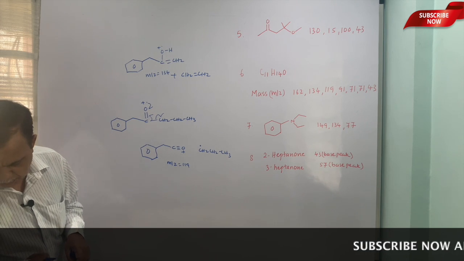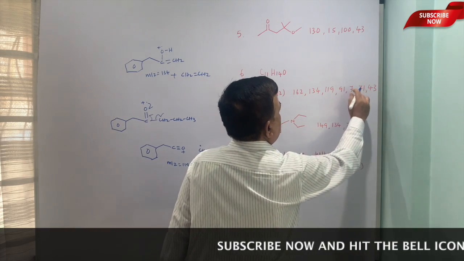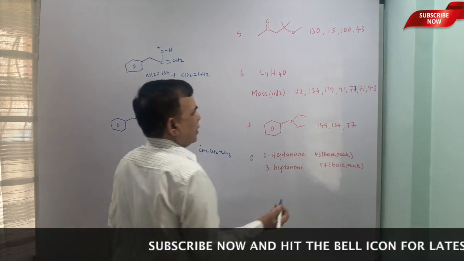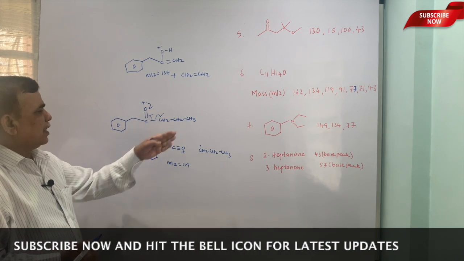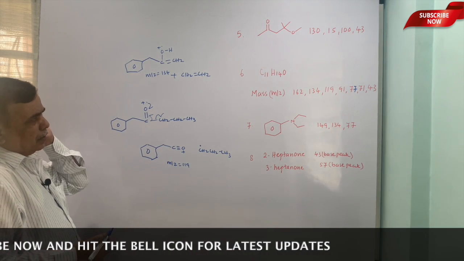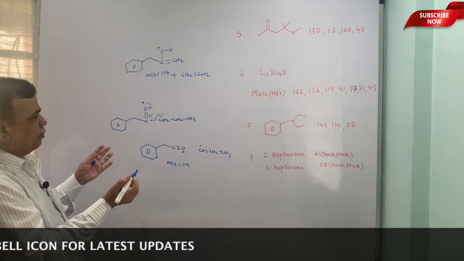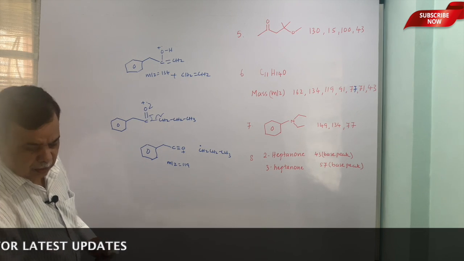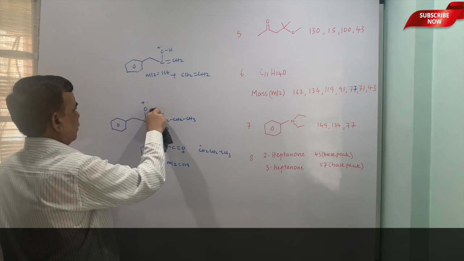73 and 77, 71, 43. 43 is this side chain that you can explain. 71 and 91, they are complementing each other. So, let me show it with this only.